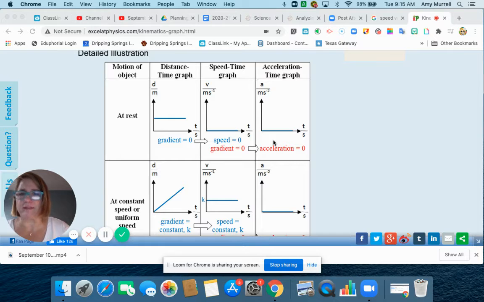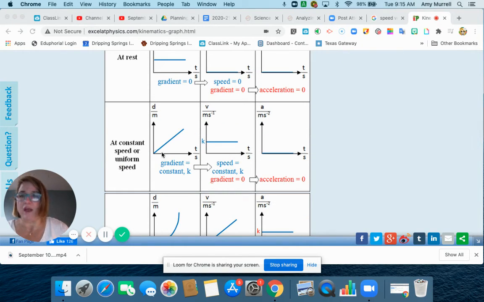So now let's look and see what constant speed looks like on each of these three graphs. On a distance time graph, you have a nice straight line originating from the origin and going straight up diagonally to the right. So this tells you that you are traveling at a constant speed. So at any point along that line, you could plug those values into the formula, speed equals distance divided by time, and they would be the same because that straight line indicates constant speed.